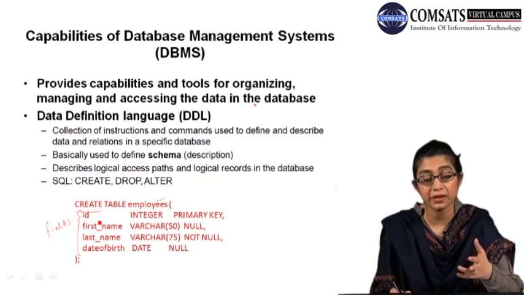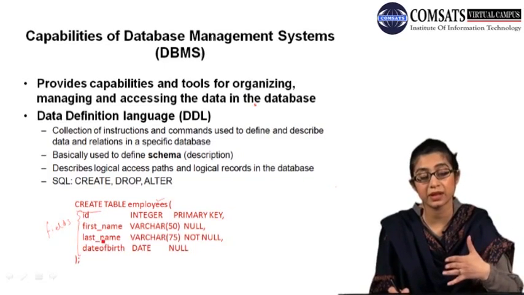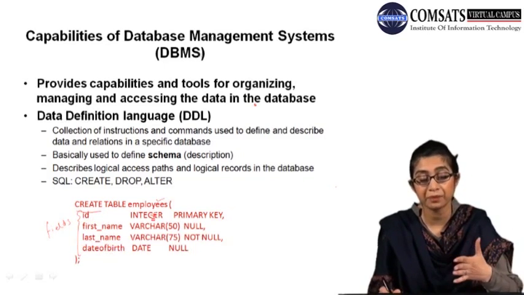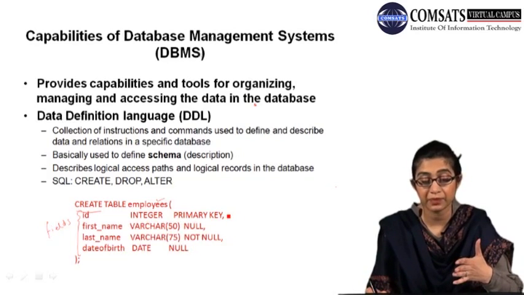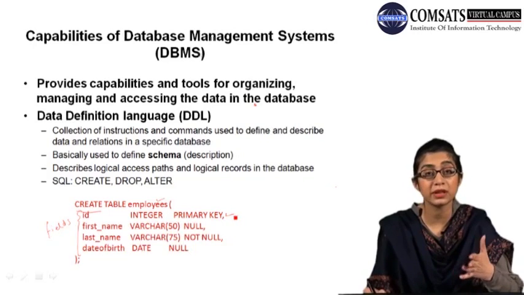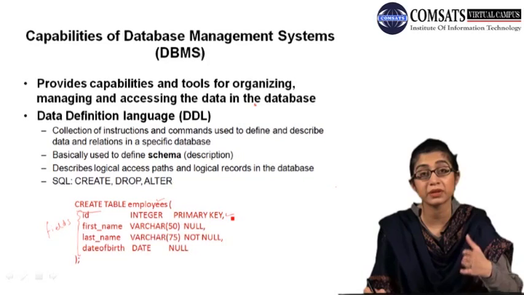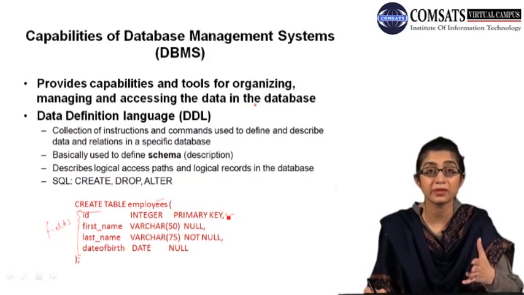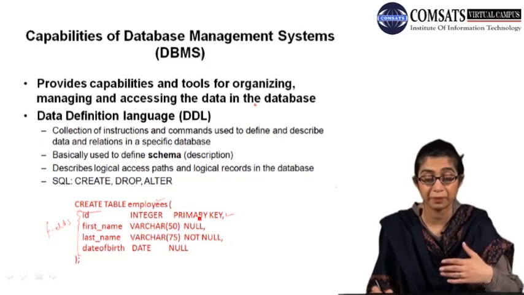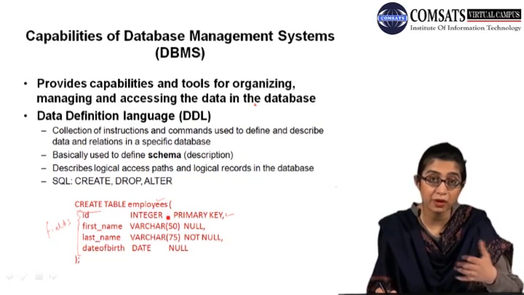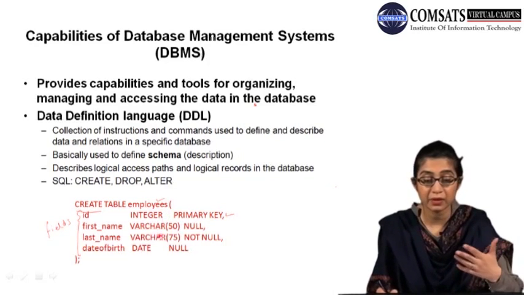That means it has the ID, employee की ID क्या है, first name क्या है, last name क्या है, date of birth, and it's defining that it's an integer and it's the primary key. That means it is uniquely identified. The records in this table are going to be uniquely identified with the help of the primary key, which is the ID. And then it is in a numeric form. Integer means numeric form.